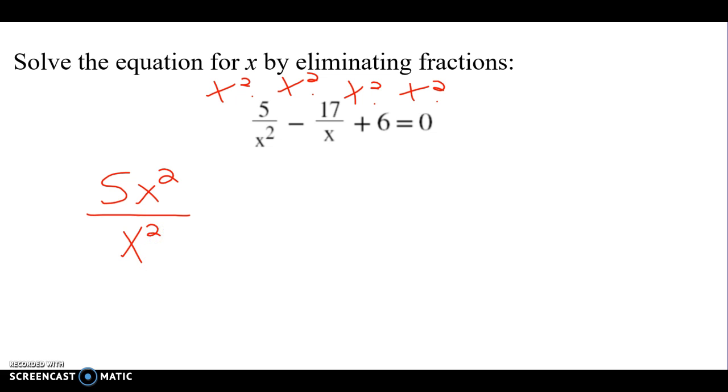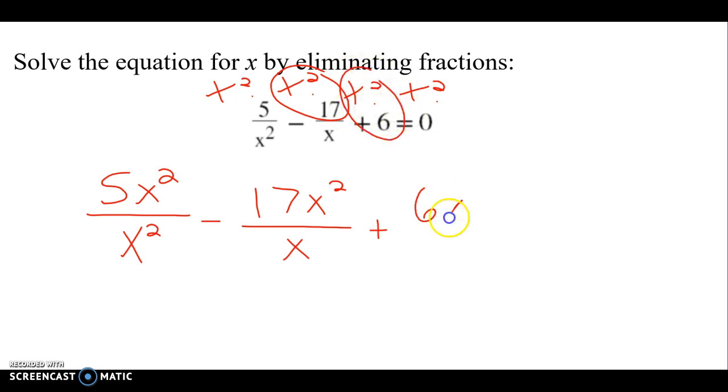And once again, some of you can probably skip this step and you know what's going to happen. Minus x squared times 17 is 17x squared over x plus 6x squared equals 0.